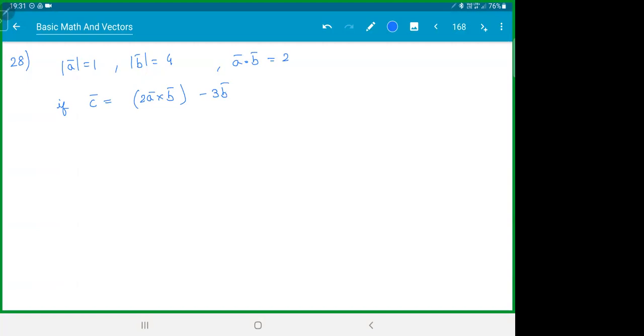Find the angle between B bar and C bar. Mod A is 1, mod B is 4, A dot B is 2. C bar is 2 times A bar cross B bar minus 3B bar. Find the angle between B bar and C bar.